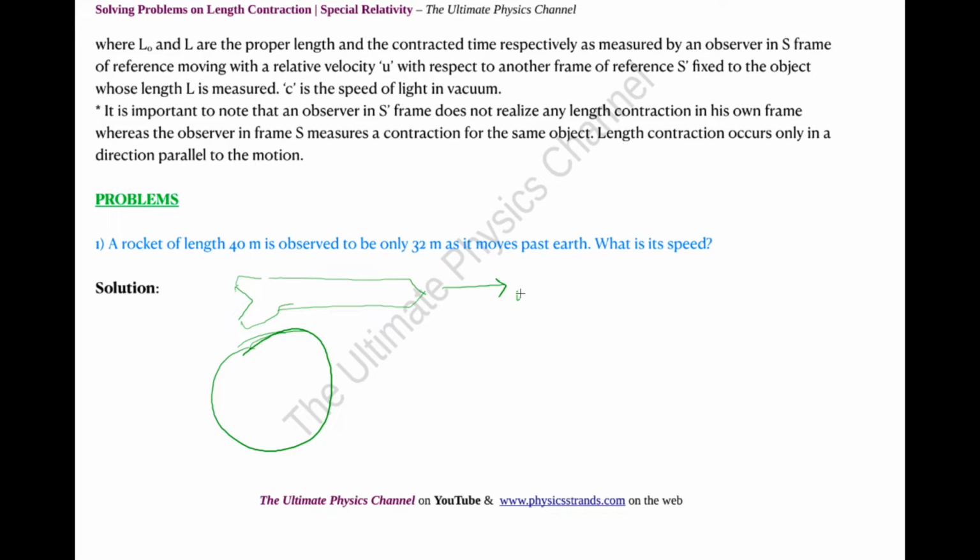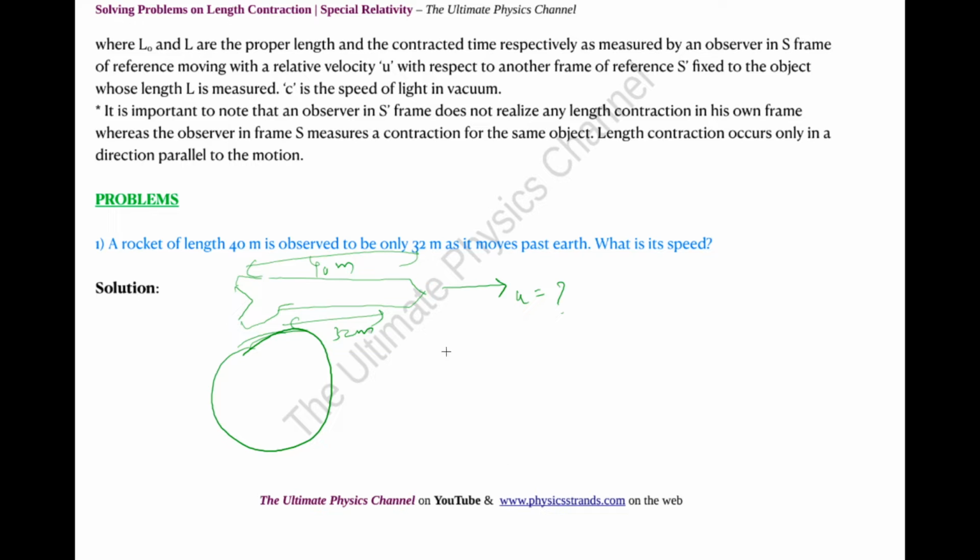What the velocity is, is being asked in this question. The actual length of the rocket is 40 meters when it is at rest with respect to the Earth, and it is measured to be contracted to only about 32 meters. So what is the speed? Simply, the length contraction formula has to be used.